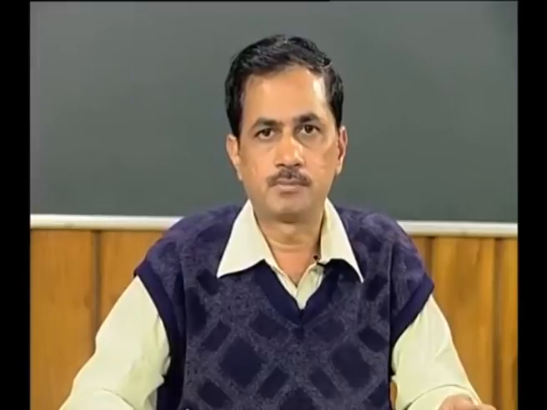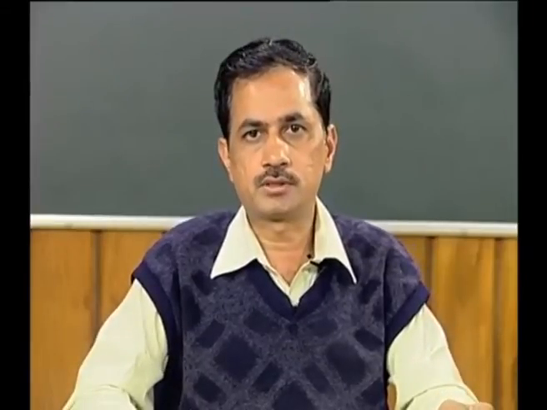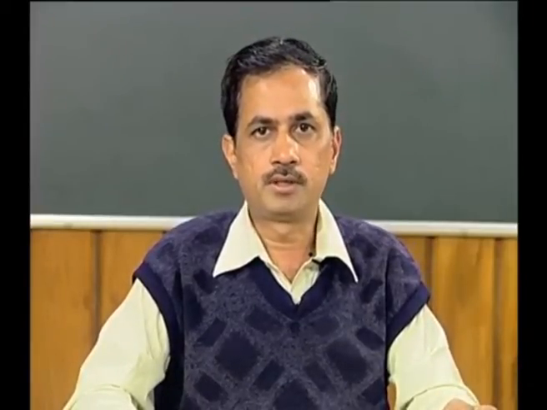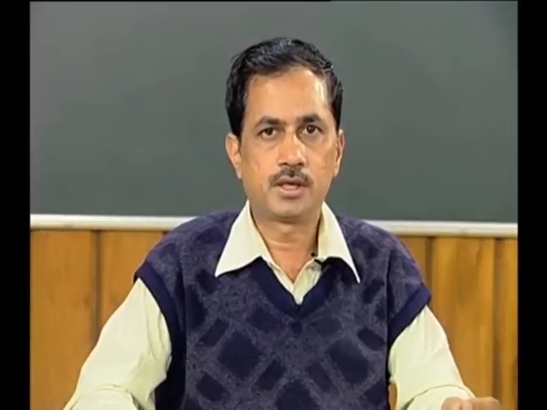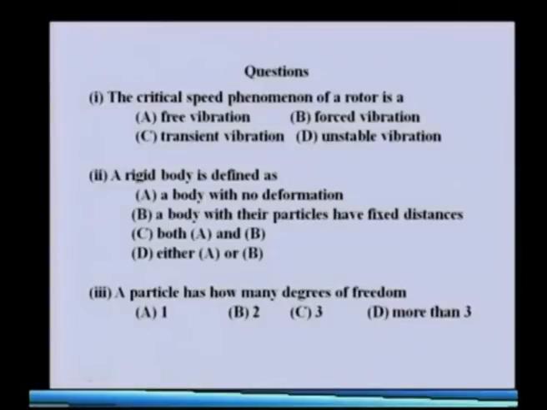Now, we will take up some objective type questions just to brush up our fundamentals on basic vibration and also on the rotor dynamics which we have studied till now. So, the first question: the critical speed phenomenon of a rotor. As we know, the critical speed is the speed at which the natural frequency is equal to the spin speed, and in this case the speed of the rotor is important.